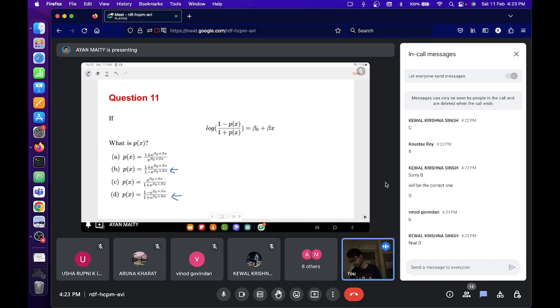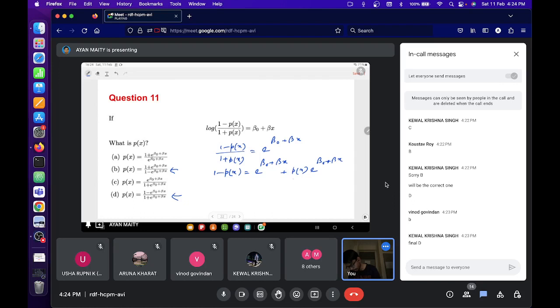D. So if we calculate it, if we remove this log, it would be e to the power beta 0 plus beta x. Then 1 minus p(x) equals e to the power beta 0 plus beta x plus p(x) into e to the power beta 0 plus beta x.